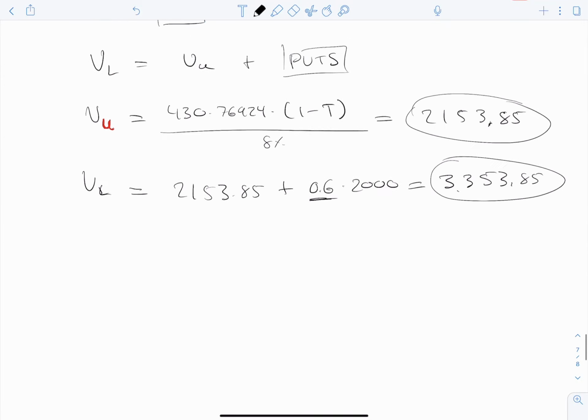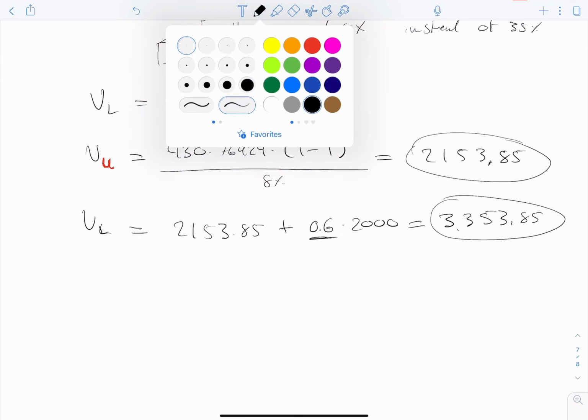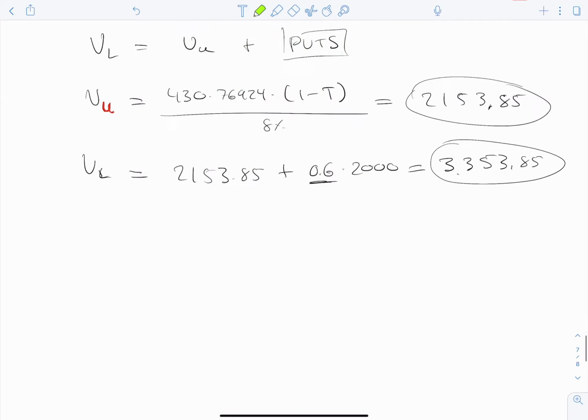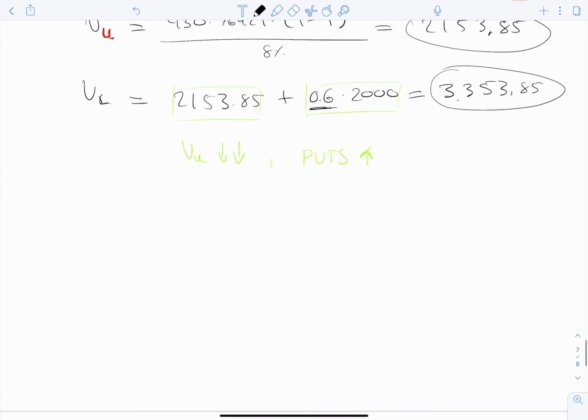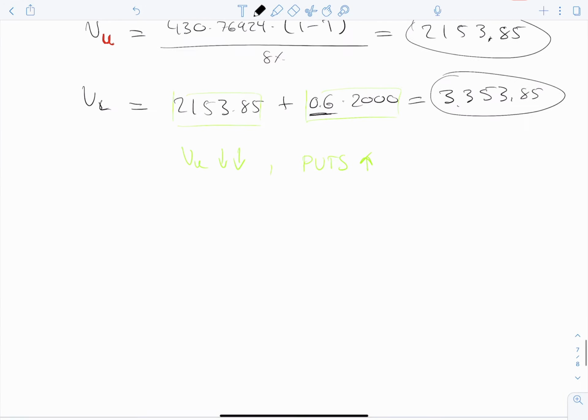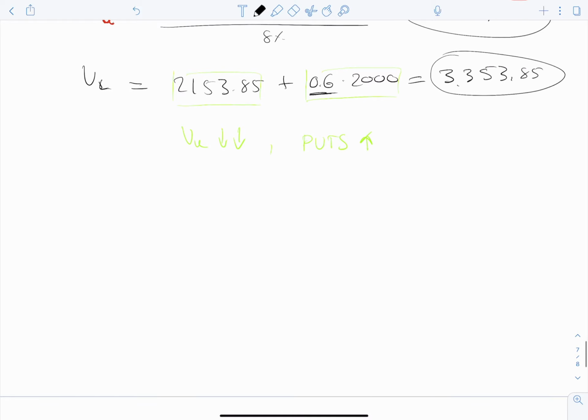And the reason, of course, is that the value of unlevered went down a lot. So it didn't really matter that the present value of tax shield went up. This is obviously larger than before, but this is much smaller than before. And that effect will always be the strongest in this sense, which makes sense.